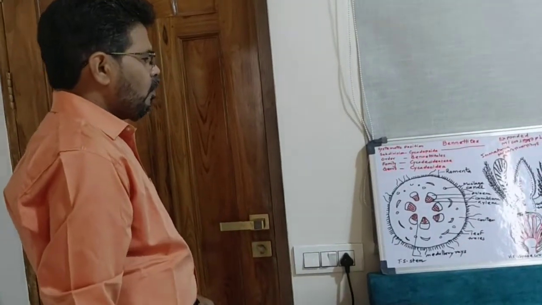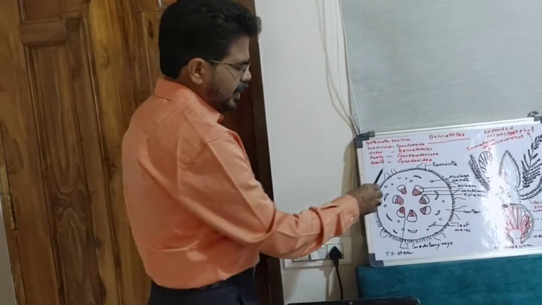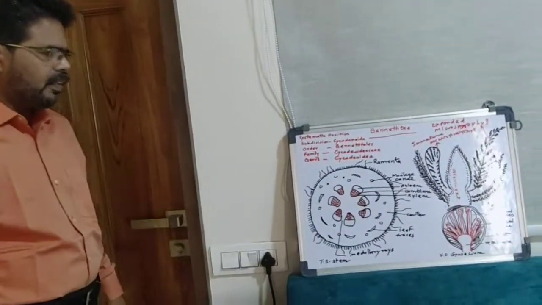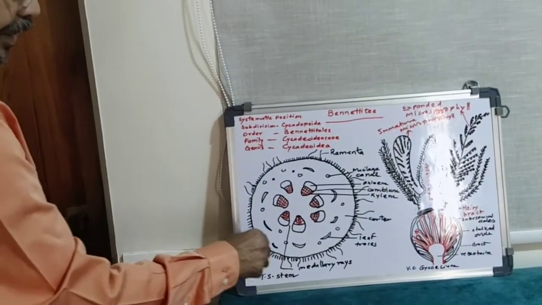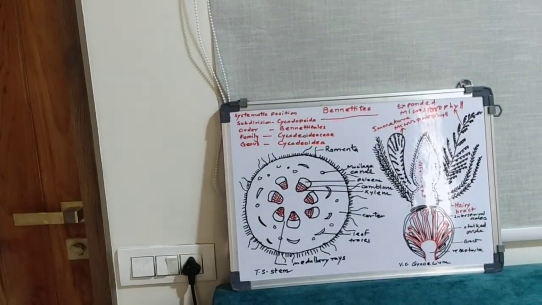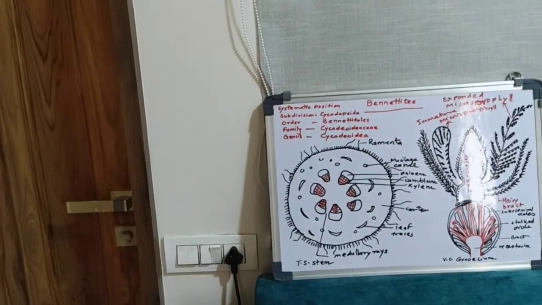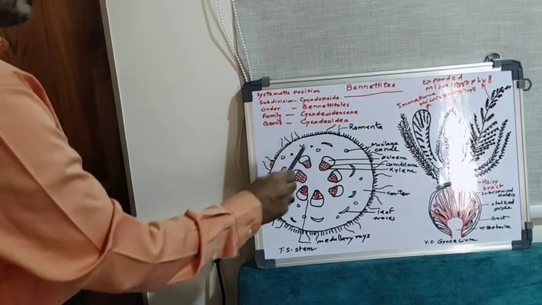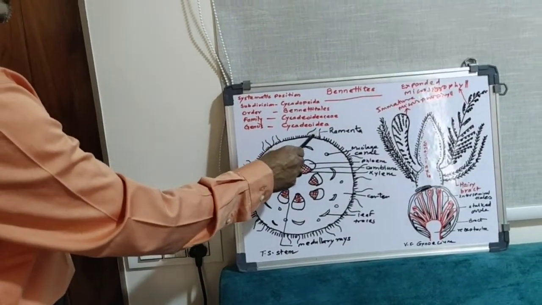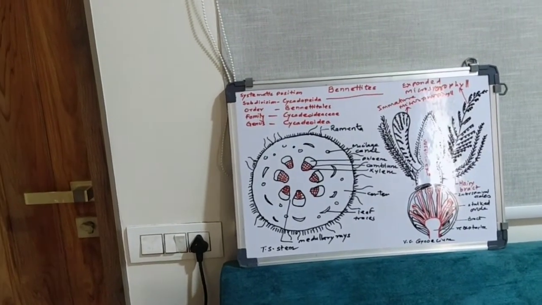Now, when we observe the internal structure of the stem, we observe that it had the epidermis. Presently the epidermis is not well preserved. On the epidermal part, the remaining leaf bases are present in the form of ramenta.